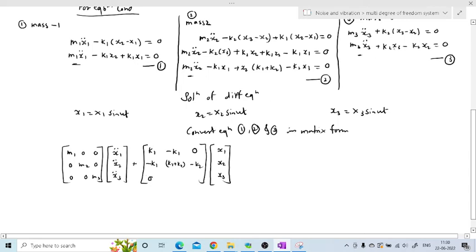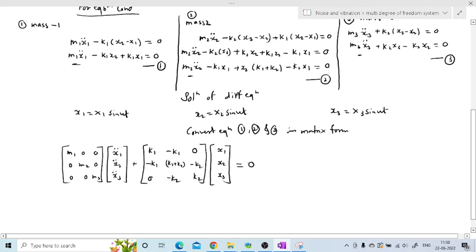Then we have the x2 term, it is minus k2, and for the last, x3, it is k2. So we have written the first term, then the x1, x2, x3 term, and the right side that remains will be equal to 0.